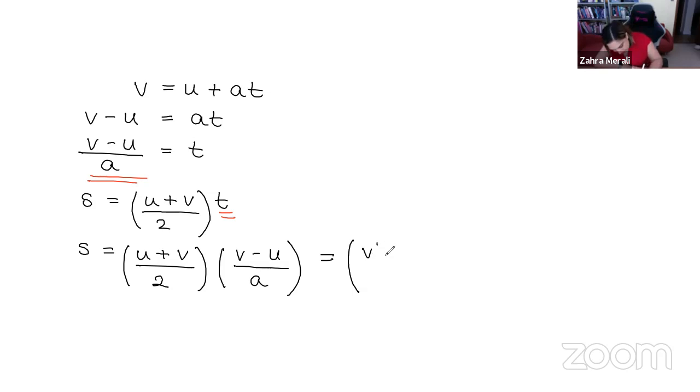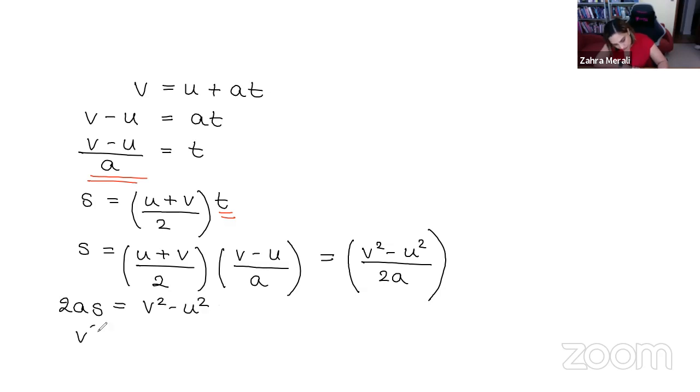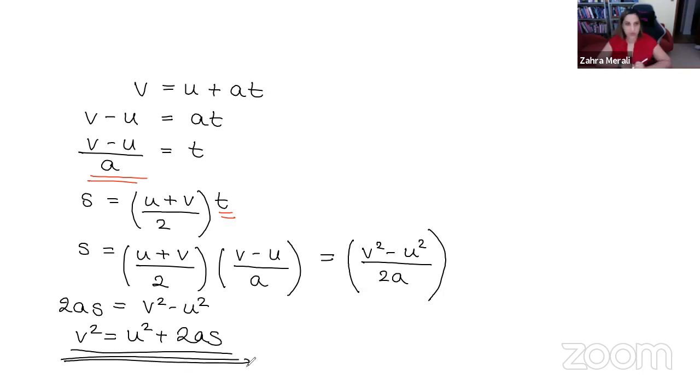So you've got V squared minus U squared. On the bottom, you've got 2 times A, so you've got 2A. So now we can multiply that A to the other side to get 2AS equals V squared minus U squared. So we get V squared equals U squared plus 2AS. And that is another one of our SUVAT equations.